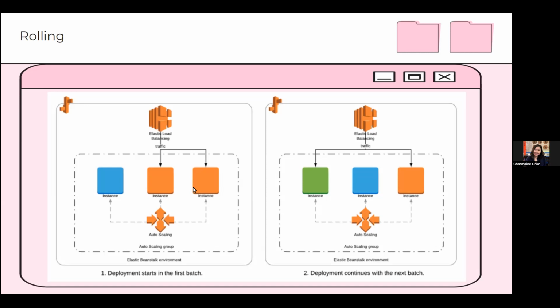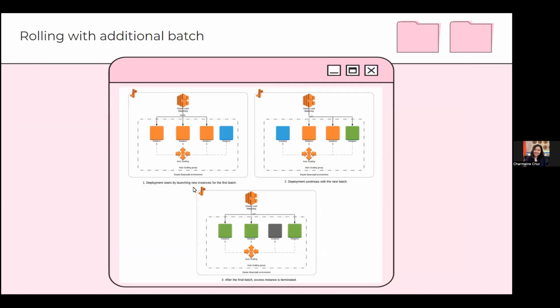So that's rolling. Yung next naman natin is rolling with additional batch. So rolling with additional batch, dito mag-inquire na tayo ng cost pero no downtime pa rin. So what we did here is, di ba may 3 instance nga tayo currently in production. We created a new instance na may version 2 na.